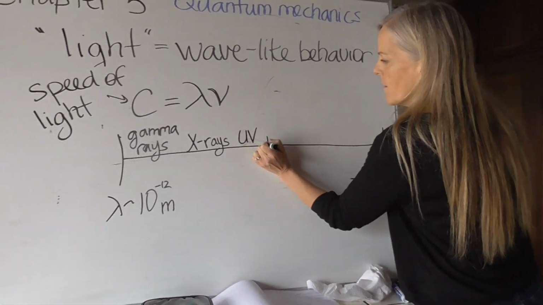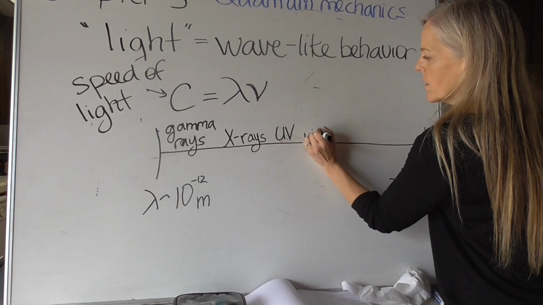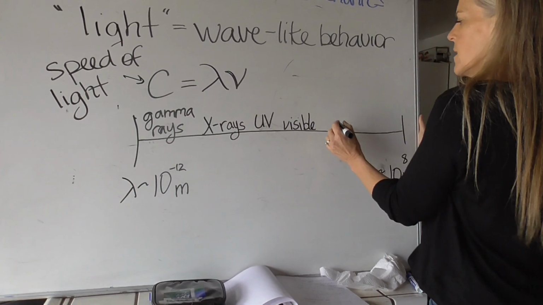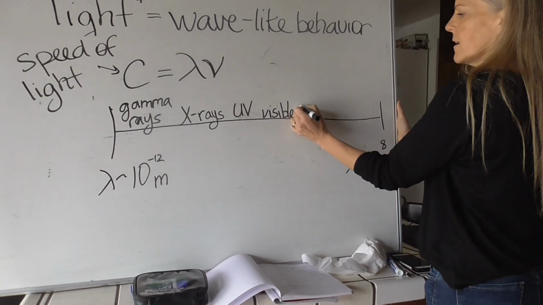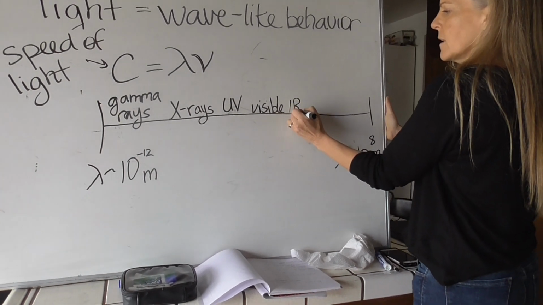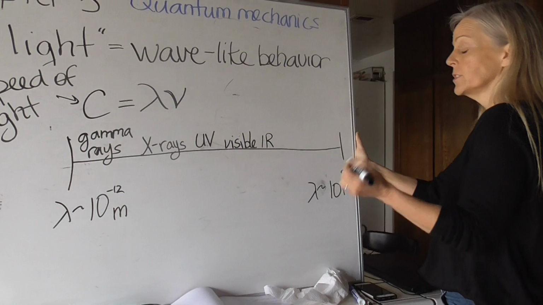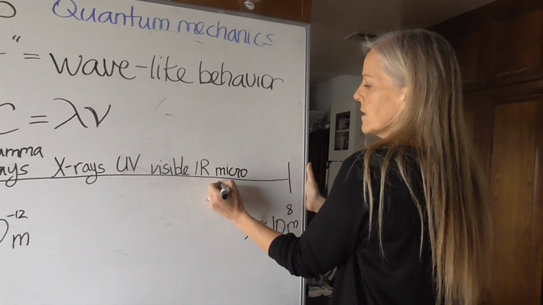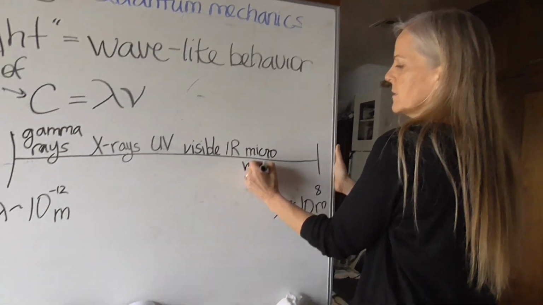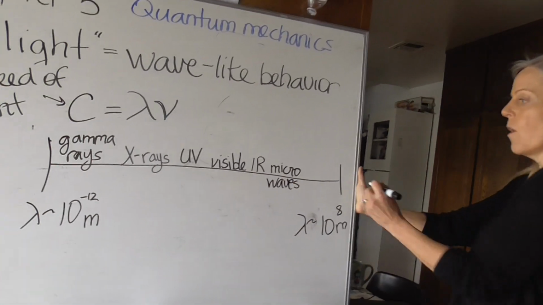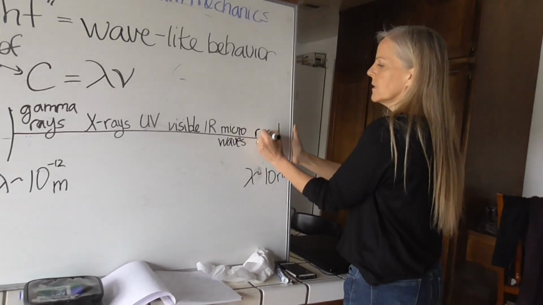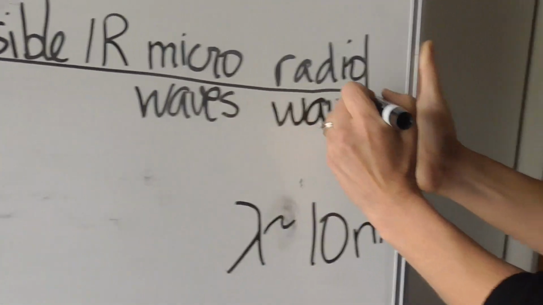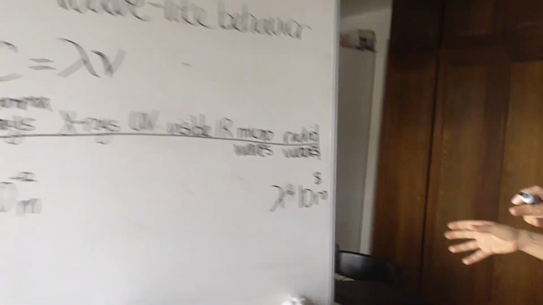And then we have the visible light, and then we have infrared, which you might have heard of, and the ones you really heard of are microwaves. And again, I'm just running out of room. And then all the way down here is radio waves.